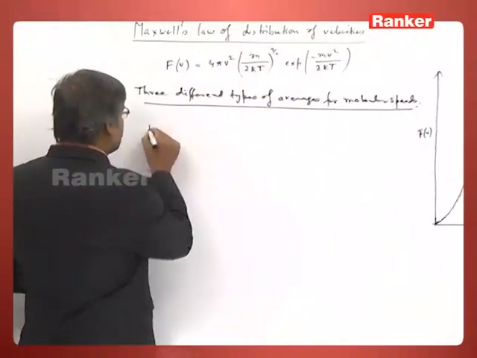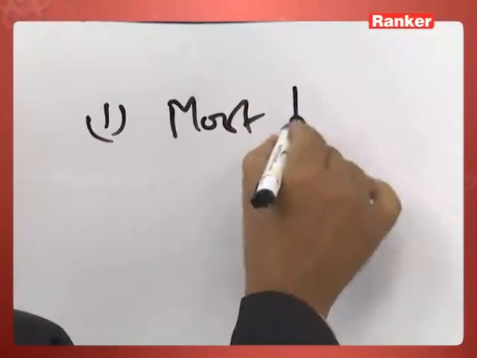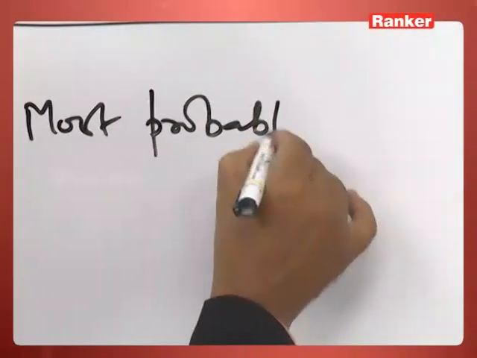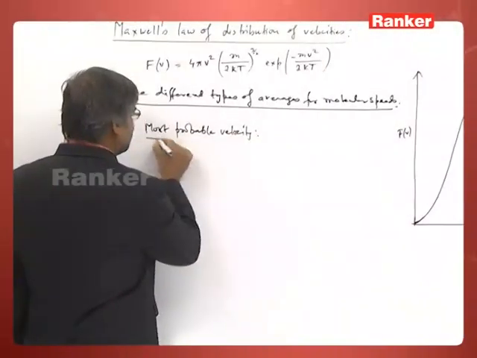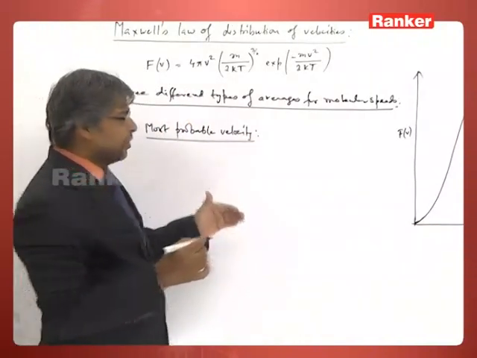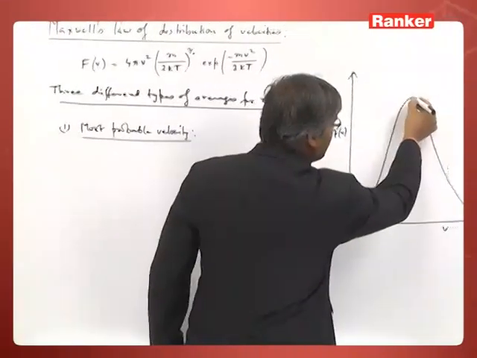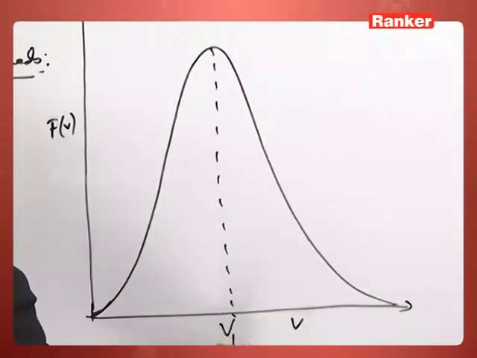So number one velocity is the most probable velocity. It is the velocity which is liked by most number of molecules.